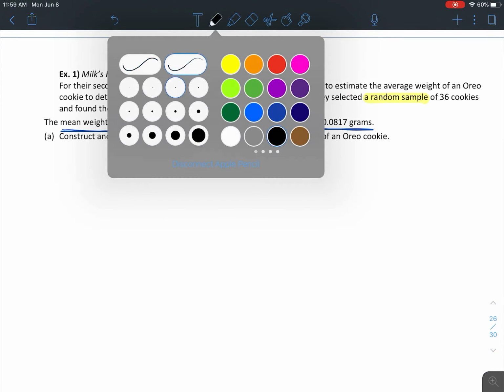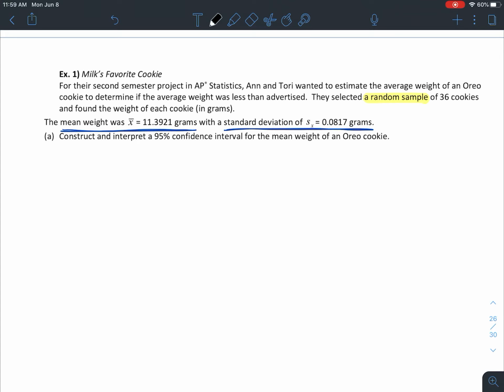The directions here are asking us to construct and then interpret a 95% confidence interval for the mean weight of an Oreo cookie. So our goal here is to try to estimate the true population mean weight of an Oreo cookie. When we break this down into our 4 steps, the state step is where we state what the whole goal is.